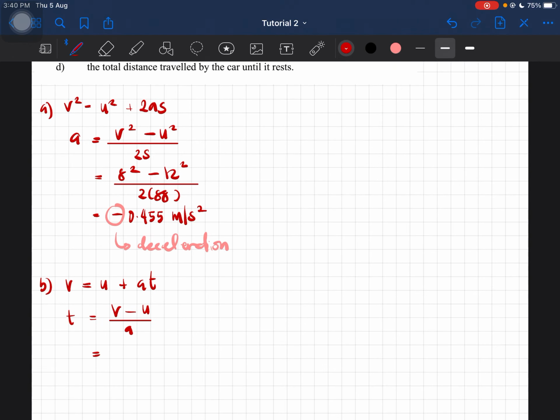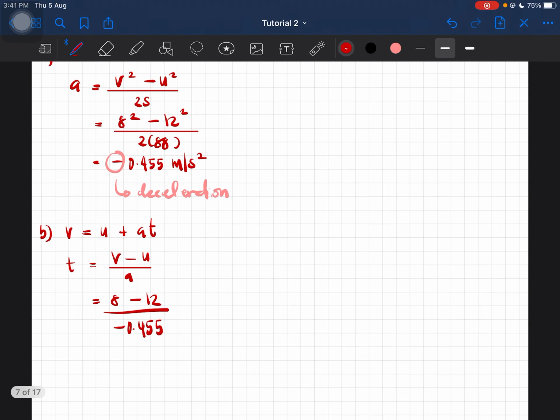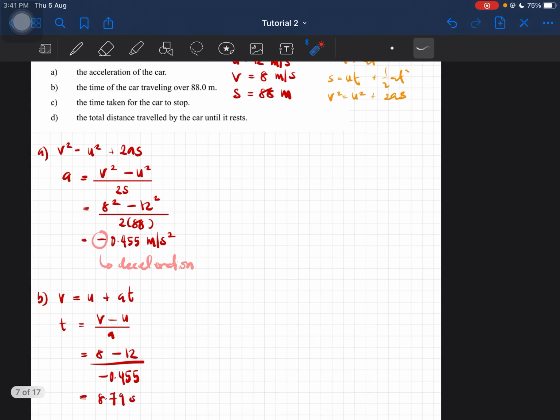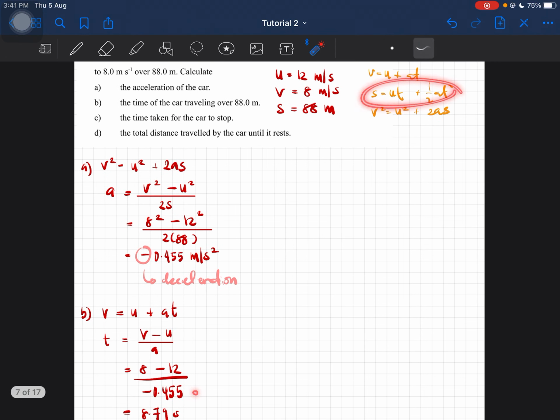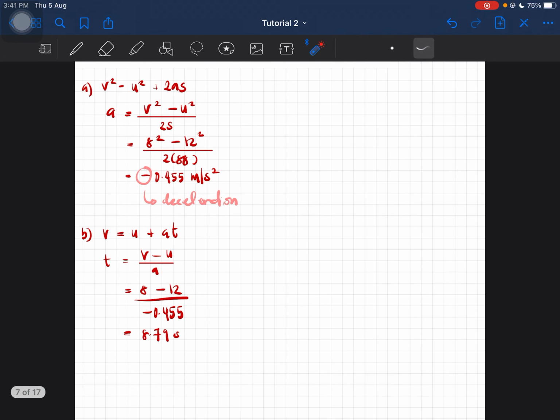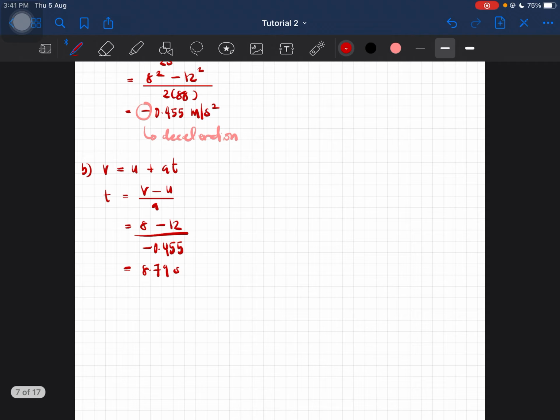Okay, so v is 8 minus 12, over negative 0.455. Then you'll get the time to be 8.79 seconds. Okay, you can also use this formula, but I feel like it's easier to use this one.